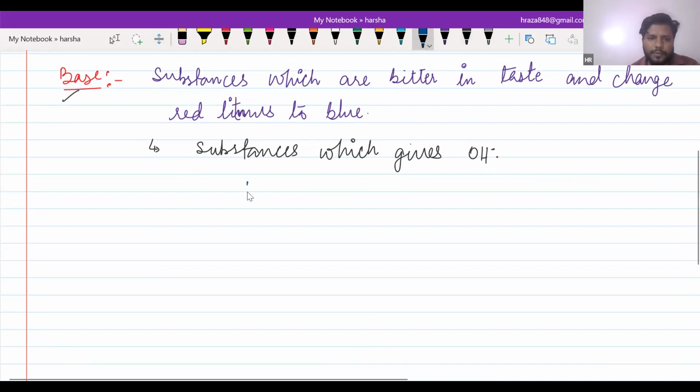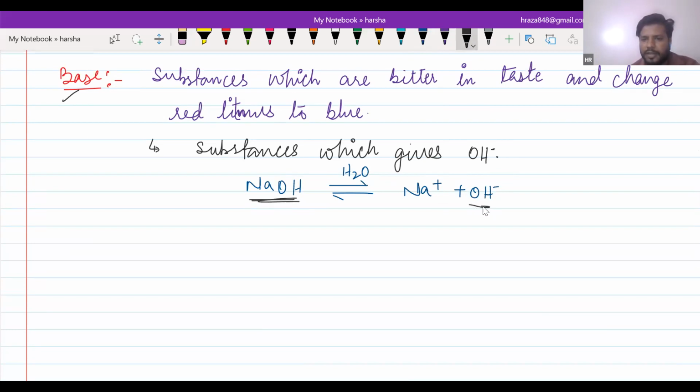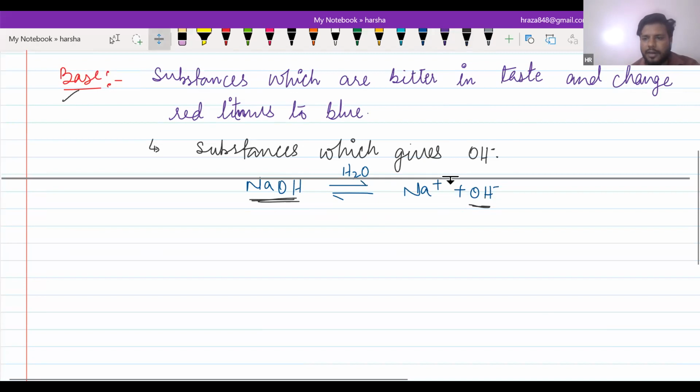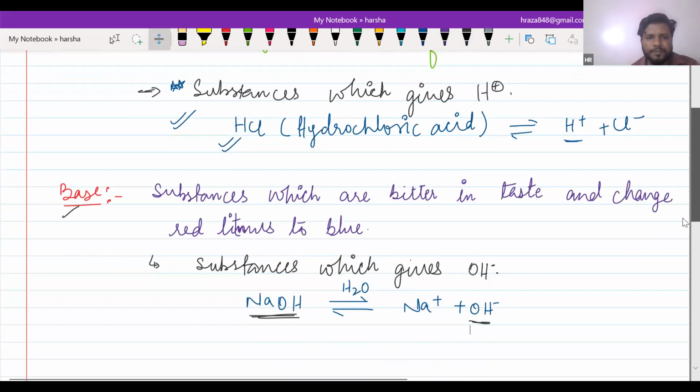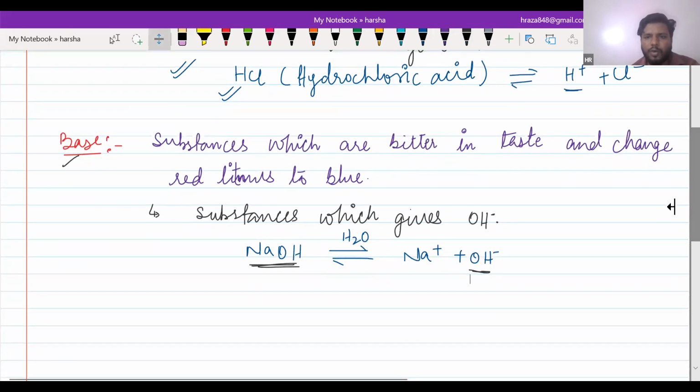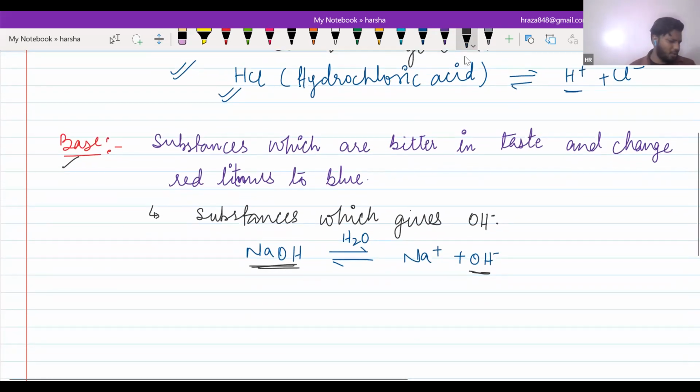As for example, if there is NaOH and you dip it in water, it will be converted into Na plus and OH minus. So you can see that NaOH is giving OH minus. That's why it is a base. So please write it. You will study about H plus or OH minus in higher classes, like in class 11.